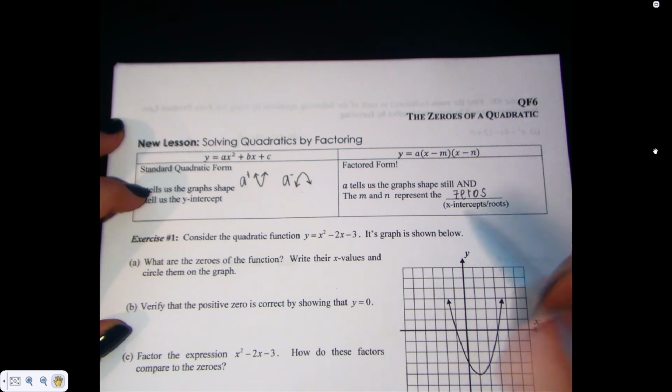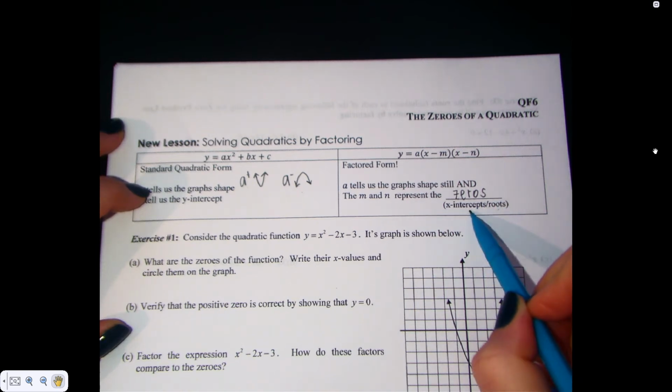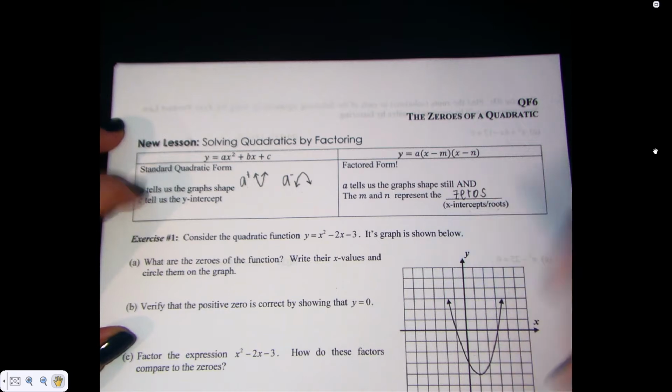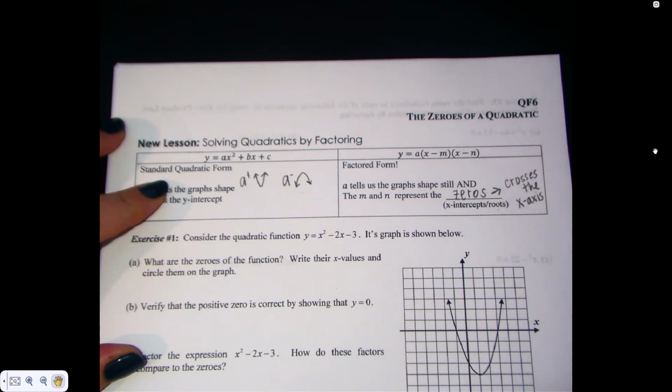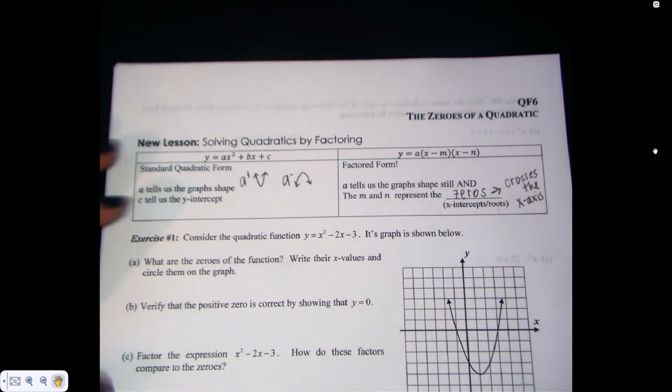Okay, we also call these the roots or the x-intercepts. Okay, it's where this function crosses the x-axis. Okay, so that's what that means. All right, it's where they cross the x-axis.